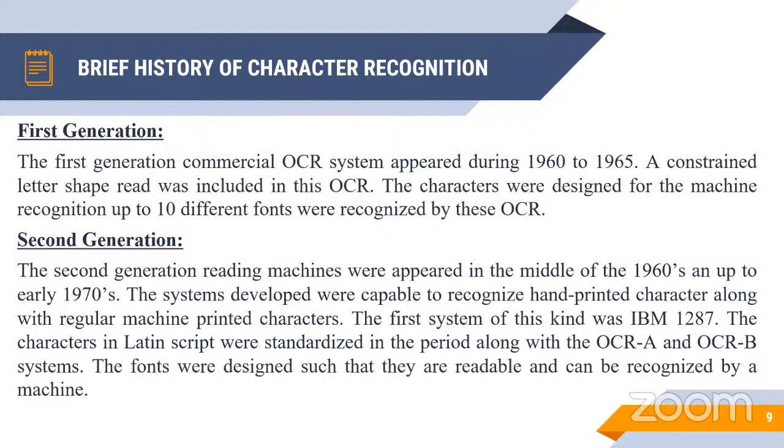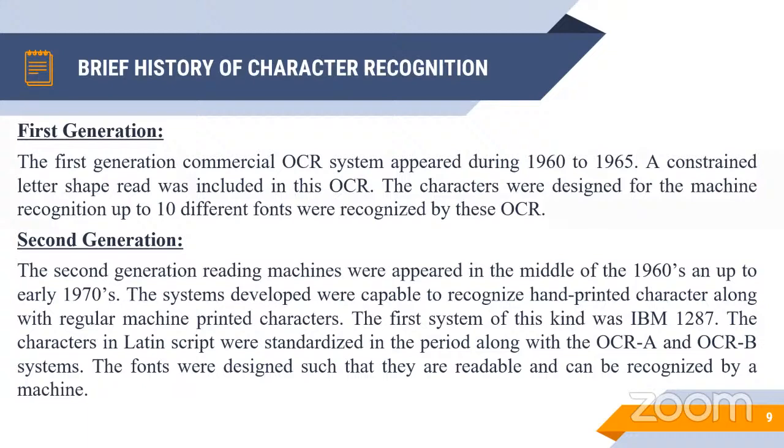In the second generation, from the 1960s up to the 1970s, the first OCR system was developed by IBM in 1987, for the Latin script. In this period, the OCR-A and OCR-B systems were also developed.